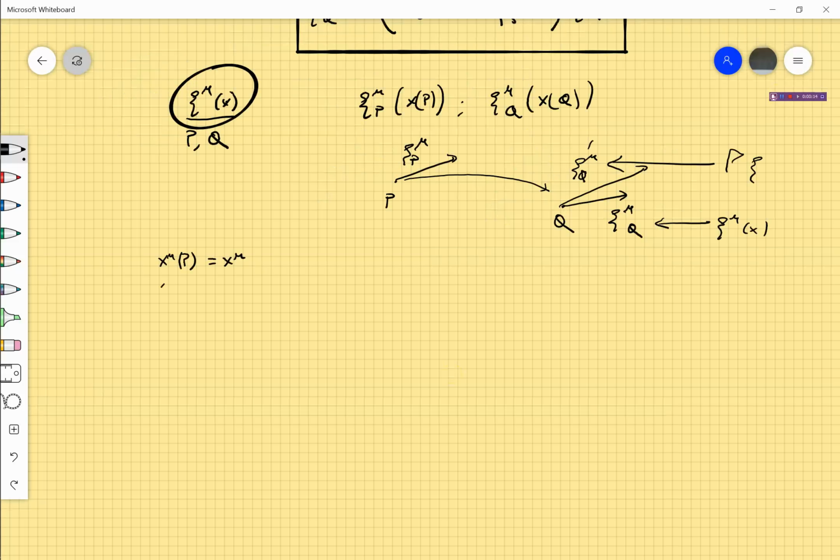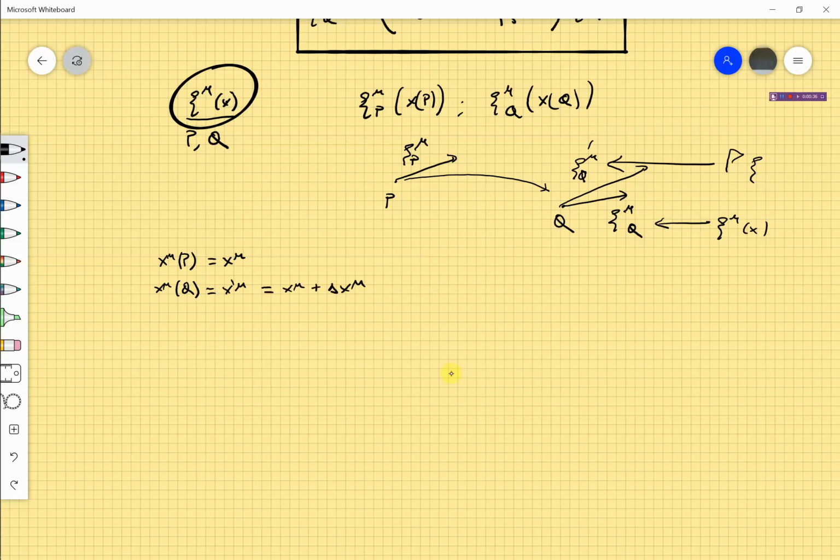Then the coordinates of the point Q, which is infinitesimally close, will be called x prime mu, and since they are infinitesimally close, they are equal to x mu plus some difference which we will understand as infinitesimal.